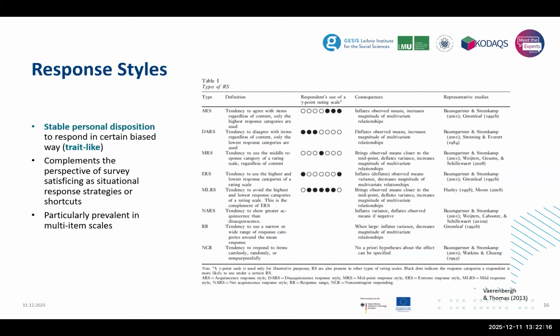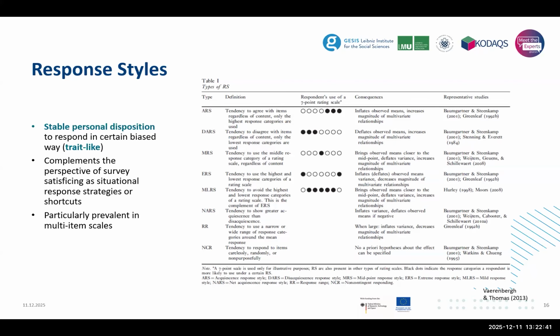When we compare them to survey satisficing as a theory, they take the stance of a trait-like, personally stable characteristic disposition to use a certain response strategy, whereas survey satisficing takes the stance that this is a more situational response strategy that respondents apply.